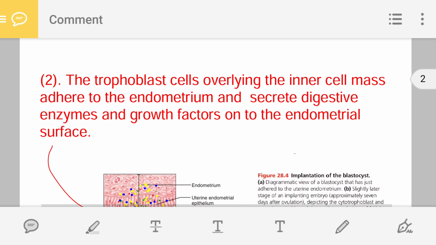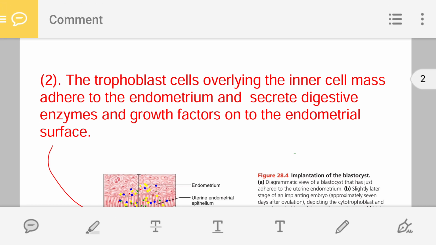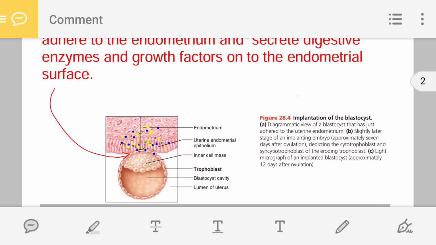Now, which cells are just touching the endometrium? The trophoblast cells, which are present over the inner cell mass, adhere to the endometrium. So we can say, in other words, the trophoblast are the cells which are touching the endometrium.